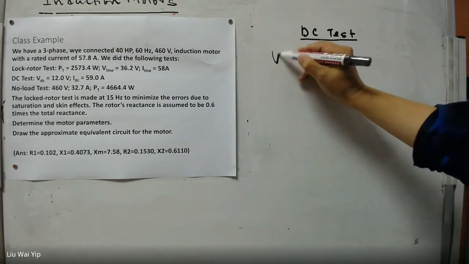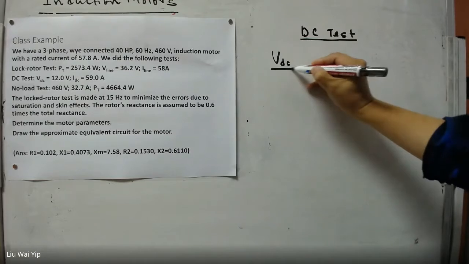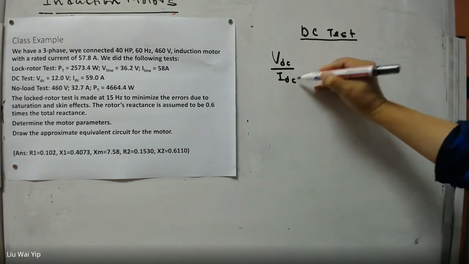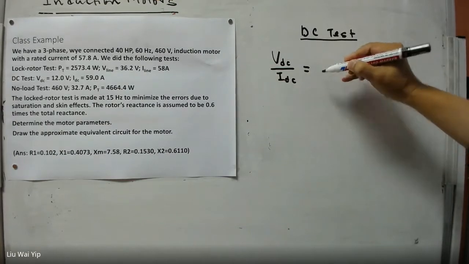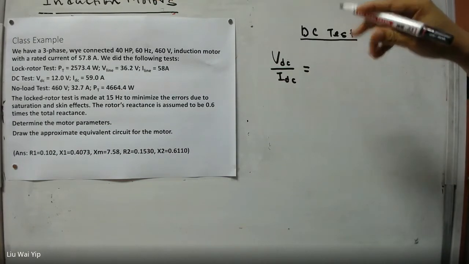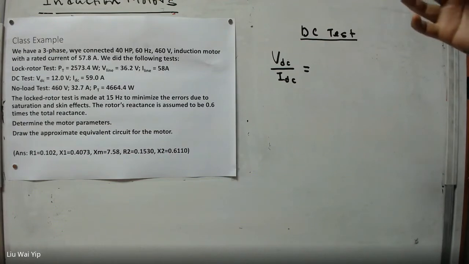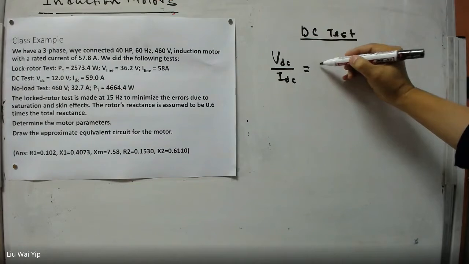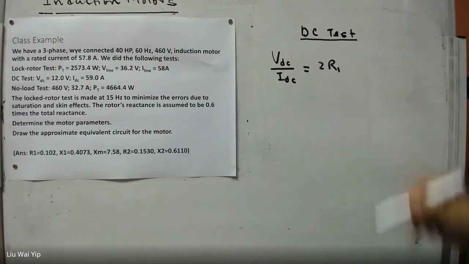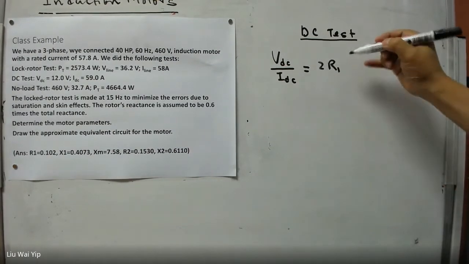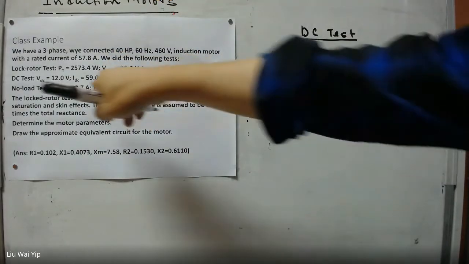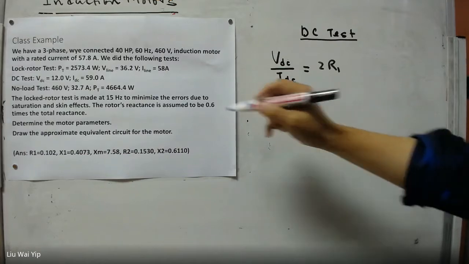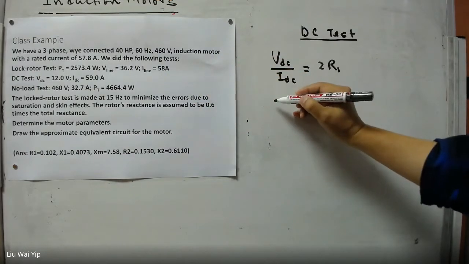The voltage and current should be equal to a resistance, which includes two winding resistances. So VDC is 12, IDC is 59.